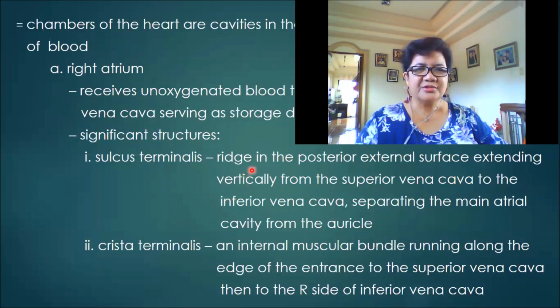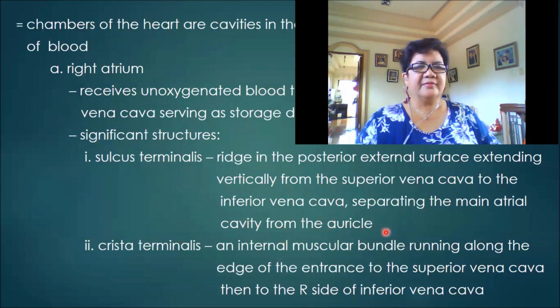You have the sulcus terminalis, which is the ridge in the posterior external surface, extending vertically from the superior vena cava to the inferior vena cava, separating the main atrial cavity from the auricle. So your sulcus terminalis will be a border or a landmark to separate the main atrial cavity from the auricle, which is the ear-like structure of the heart.